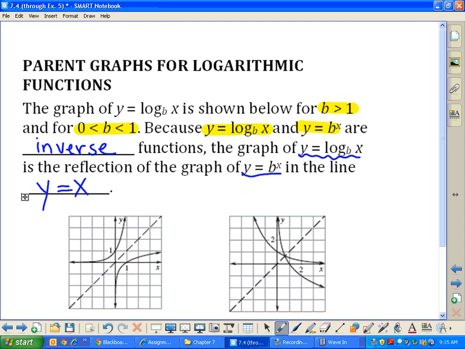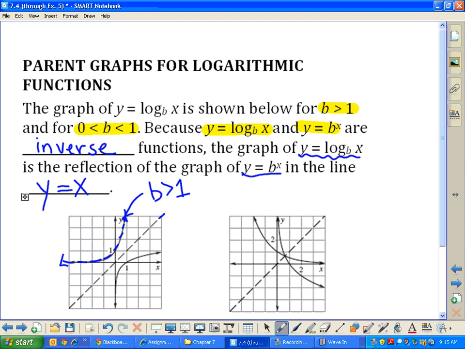So for instance, right here, I see an exponential function that grows. This tells me that this b value is a number that's bigger than 1. This would be our original graph. You could draw it in as a dashed graph. So that's your exponential function right there.